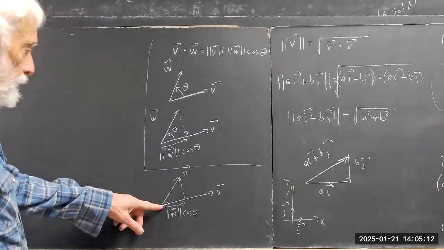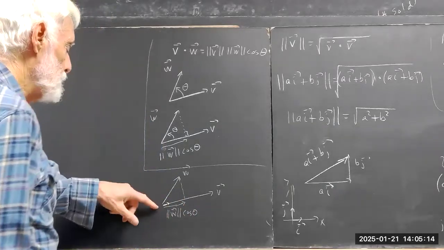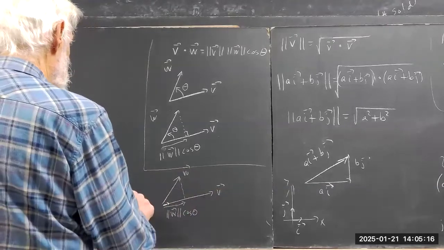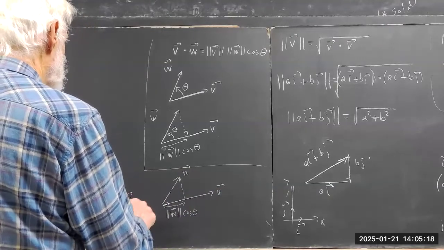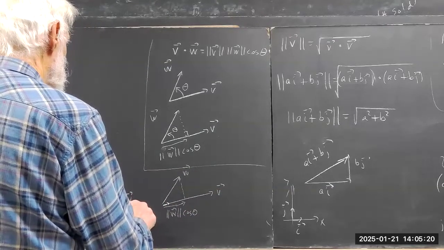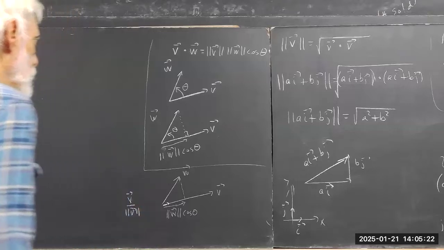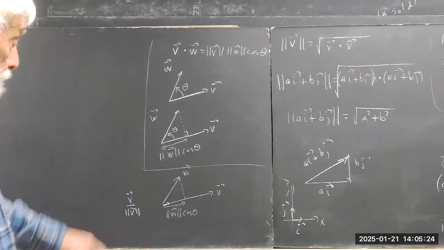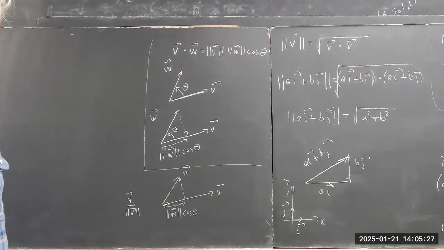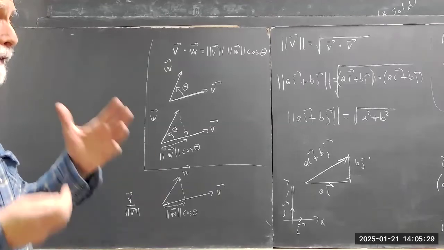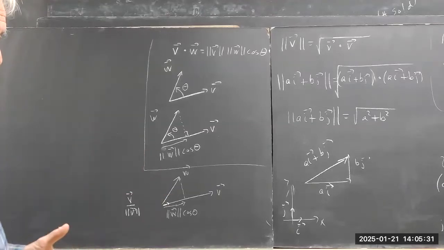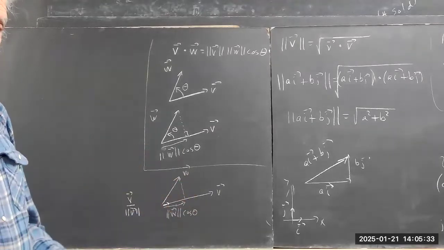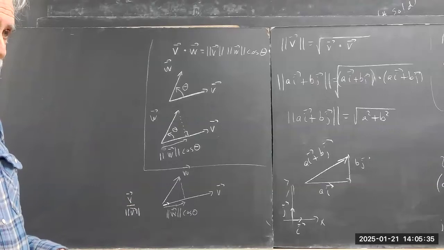This little vector here is a unit vector in the direction of V. So that would be V divided by the magnitude of V. Now that is something you need to understand. If you divide a vector by its magnitude, you get a unit vector.